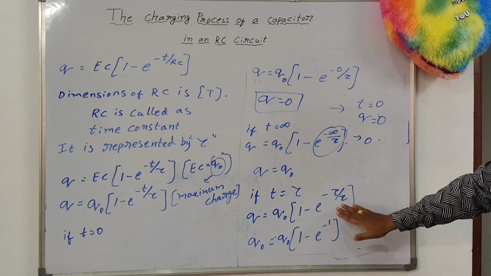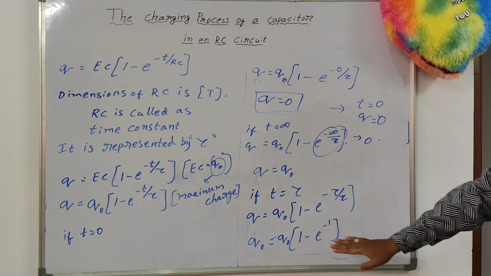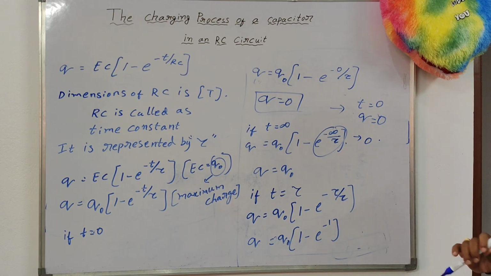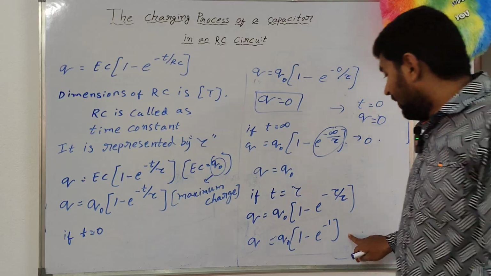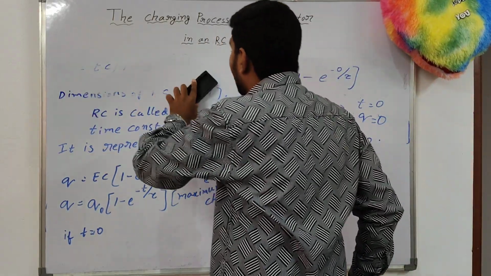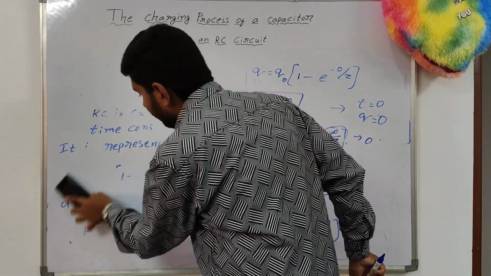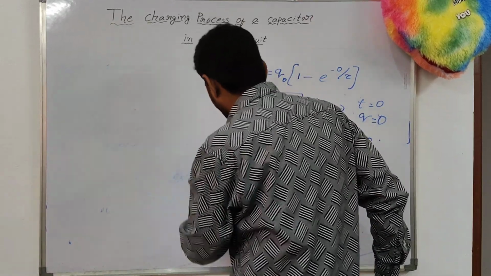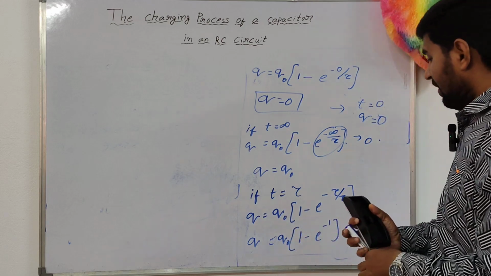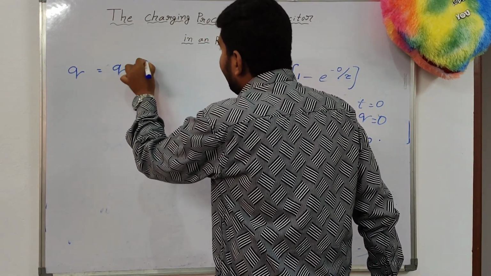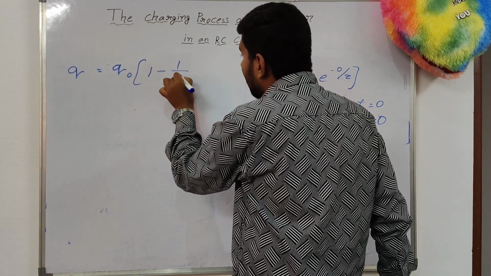If t is equal to tau, Q is equal to Q naught into 1 minus 1 by e.